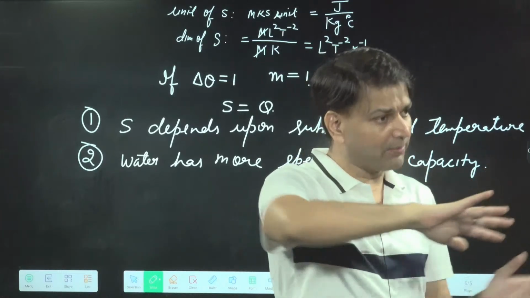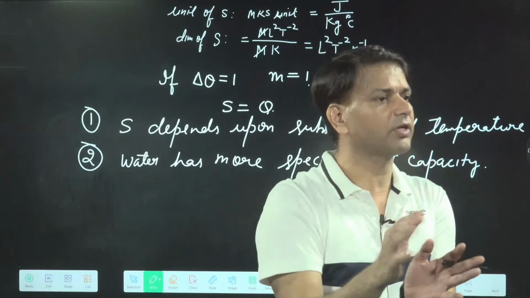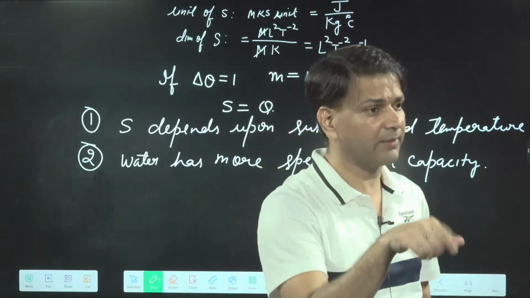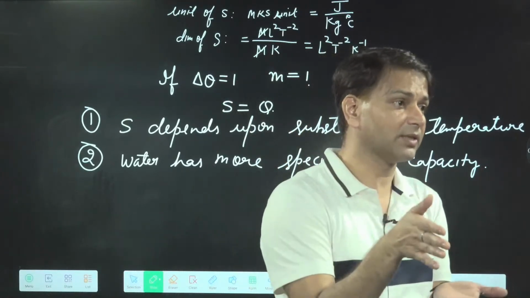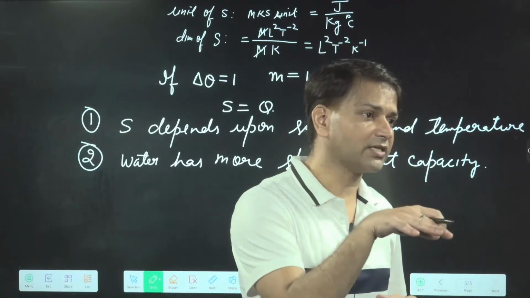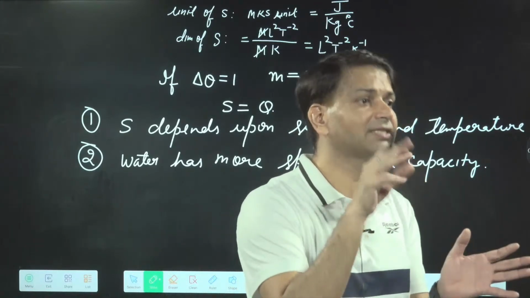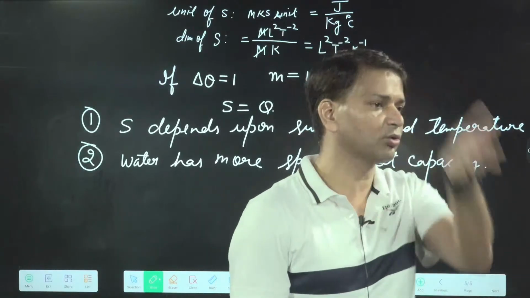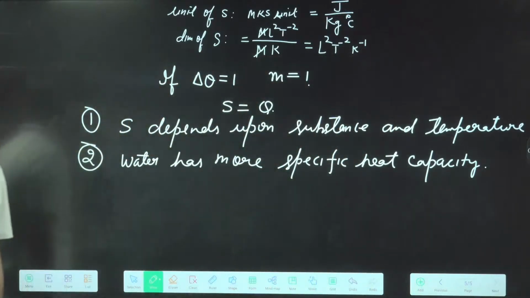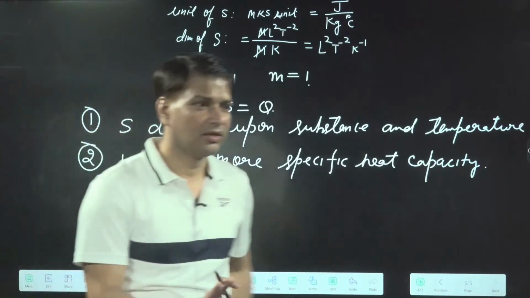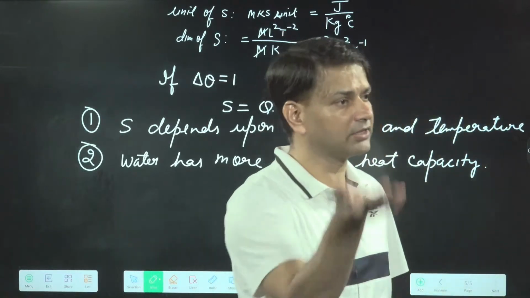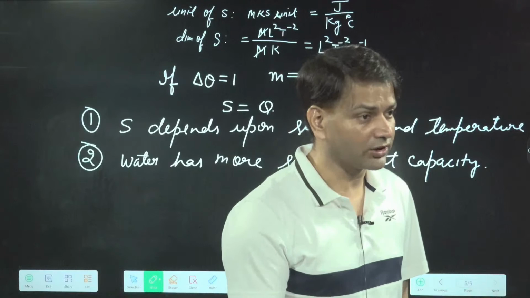Because when a large amount of heat passes into the water, the temperature change of the water will be lesser compared to other substances. Otherwise, if we take another substance, it would become more heated, and that would create a problem. Got it or not? That's why we use water as a coolant. Understood or not? For the same heat, the change in temperature of water will be lesser in comparison to other substances, so water will not get heated as much.